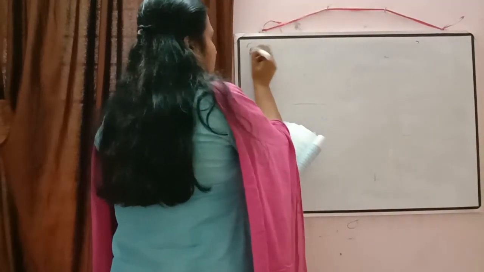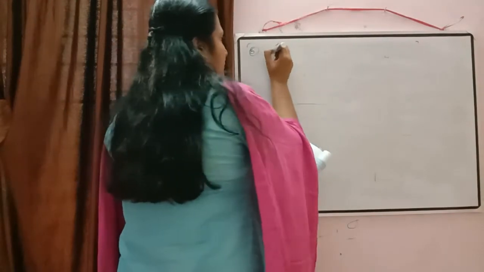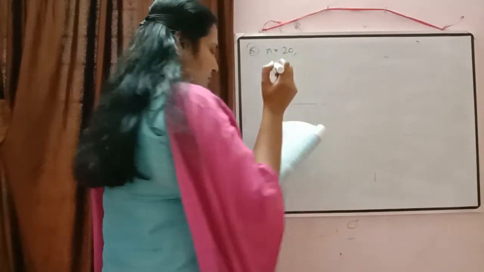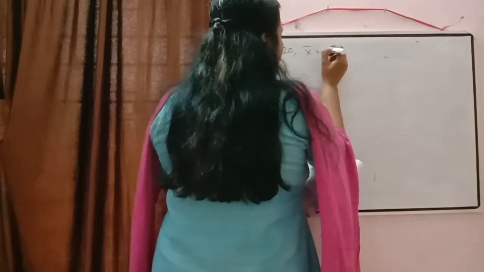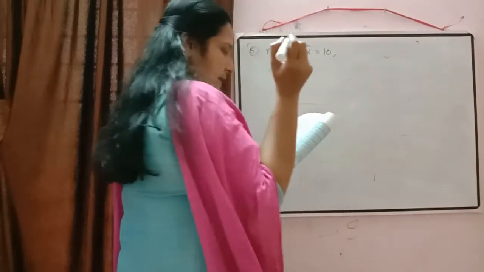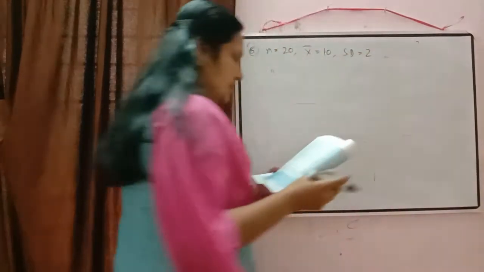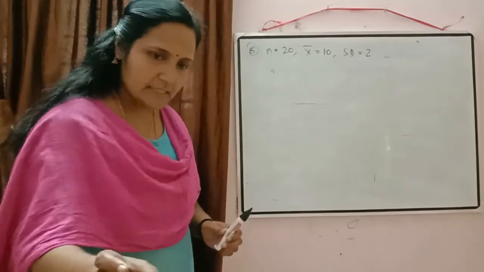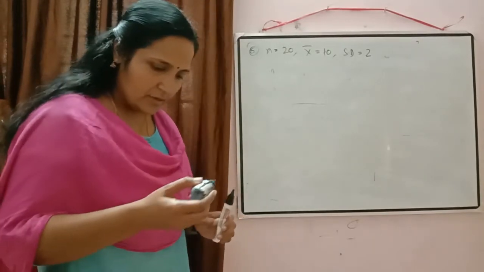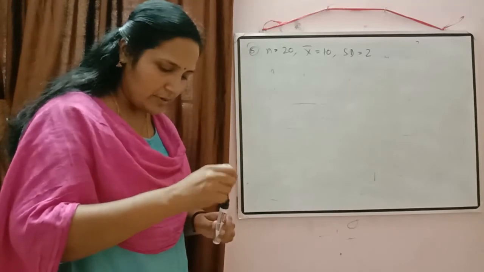The mean and standard deviation of 20 observations, so n is equal to 20, are found to be 10 and 2. So x bar is equal to 10 and standard deviation is equal to 2. On checking, it was found that an observation 8 was incorrect. So calculate the correct mean and standard deviation in the following cases.